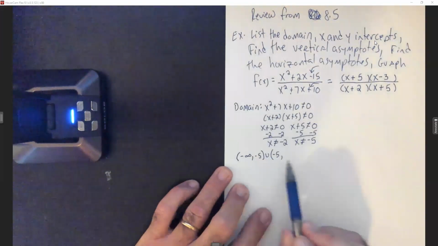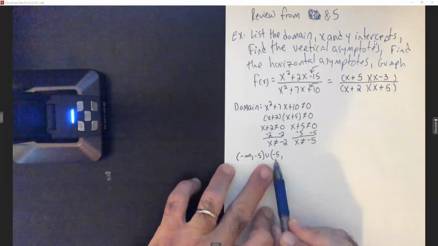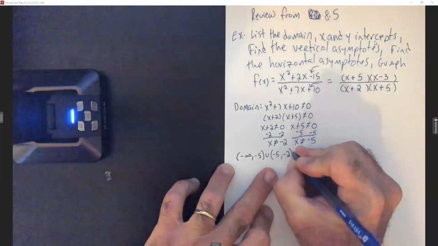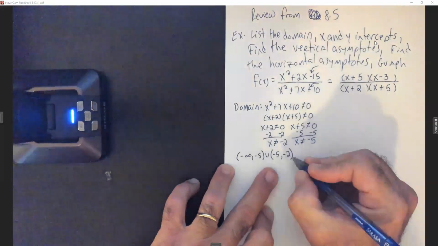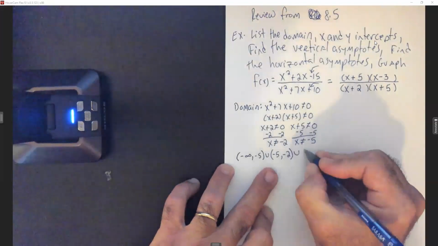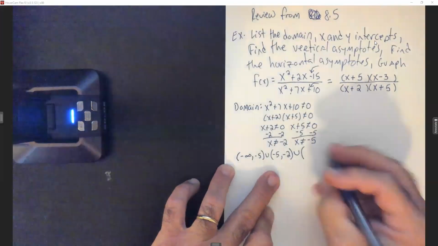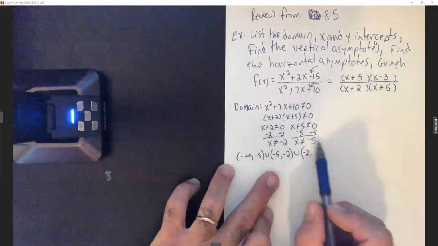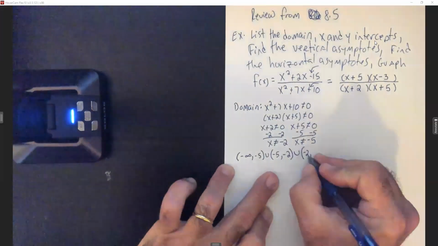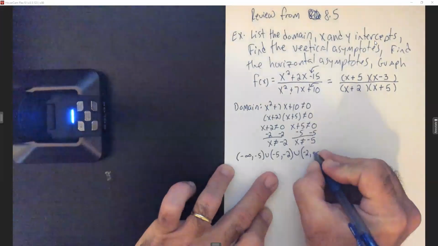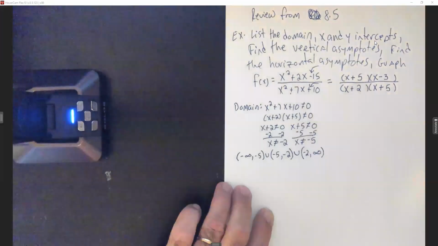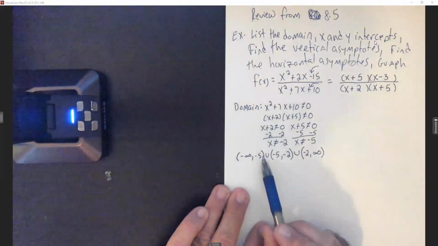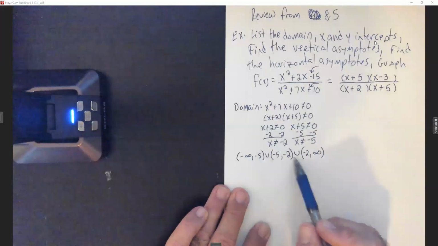Then I start on the right side of negative 5, and I go through the x's until I hit negative 2. Cannot equal negative 2, so we use curvy parentheses, union around that negative 2. So on the right side from negative 2, since I don't have any more numbers to exclude from my domain, it'll go from negative 2 to positive infinity. Okay? So for domains, you never use brackets. They're always curves because they cannot equal those two numbers.